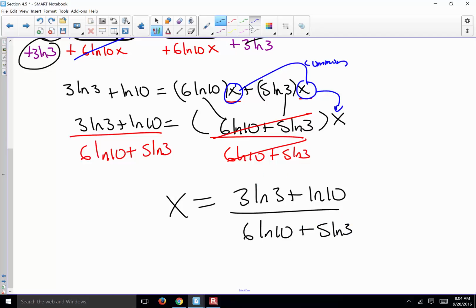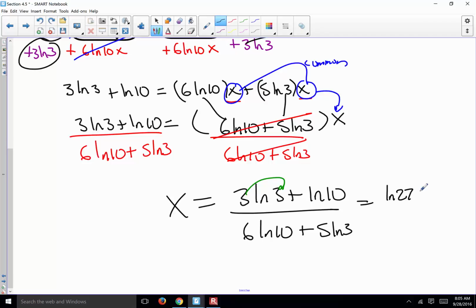If you wish, you can bring this 3 inside as a power and combine these two separate logarithms into one big fat logarithm, but it's not necessary. You can keep them separate. Then it's going to be, I think, ln 270. Look, when this guy goes in here, ln 3 cubed, it becomes ln of 3 cubed, right?